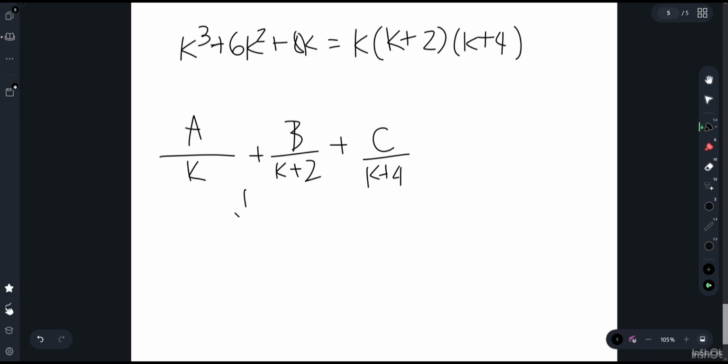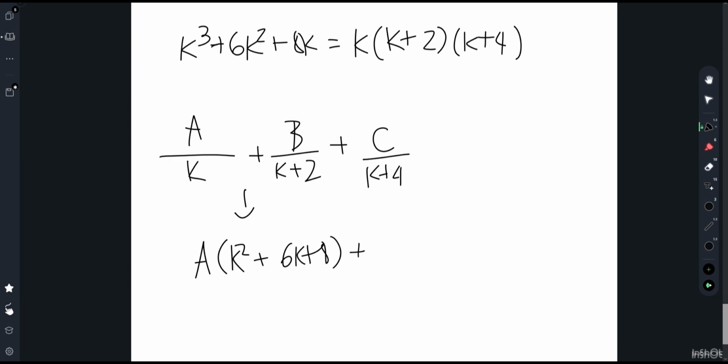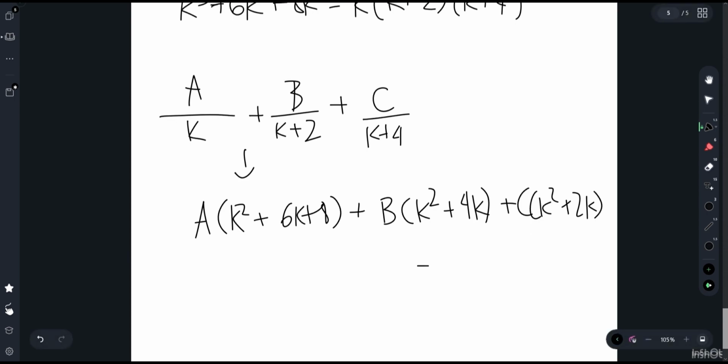So what this means is that we have a times k squared plus 6k plus 8 plus b times k squared plus 4k plus c times k squared plus 2k is equal to 1.